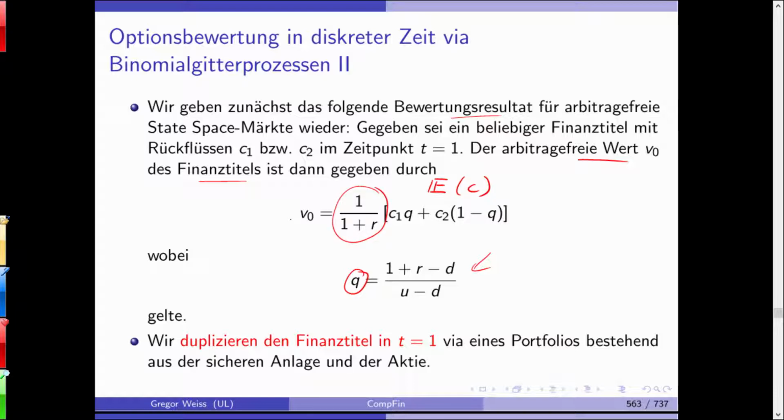A discount factor with the risk-free rate, and we are using this probability Q, so let's just say it's an expected value under Q, with Q being these two probabilities. This is what in financial mathematics is referred to as risk-neutral pricing.